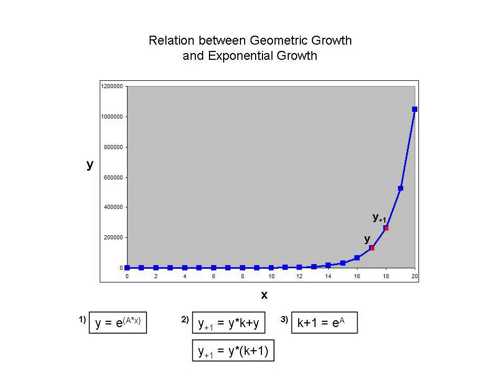There is a constant a in the first equation, and the relation between a and k is given in the third box. We will see why this is, but the important point here at the moment is that geometric growth and exponential functions are closely related.